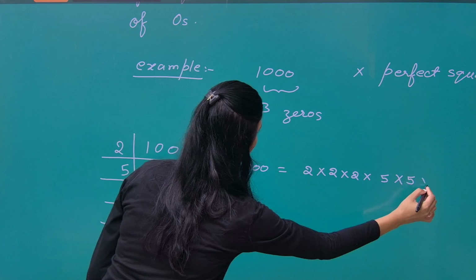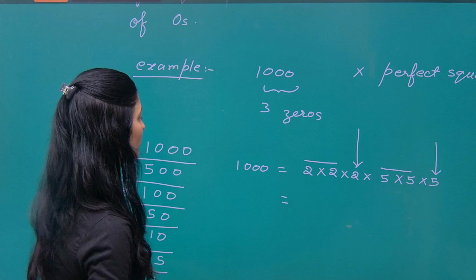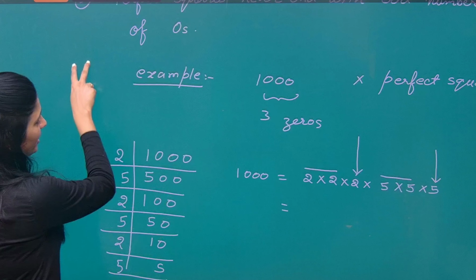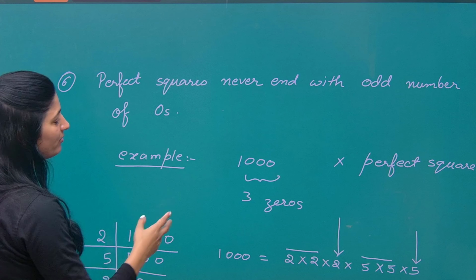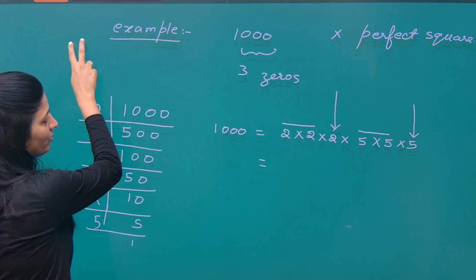For this 2, we can create a pair. For this 5, we can form a group. But we can clearly see that this 2 and this 5 are left alone, right? So that's why we can say that 1000 is not a perfect square. So this we have verified using the prime factorization method, but we don't really have to waste our time. Simply using the property, we can say that because it is ending with 3 zeros, it is not a perfect square.